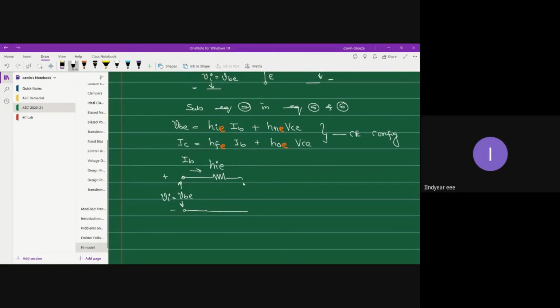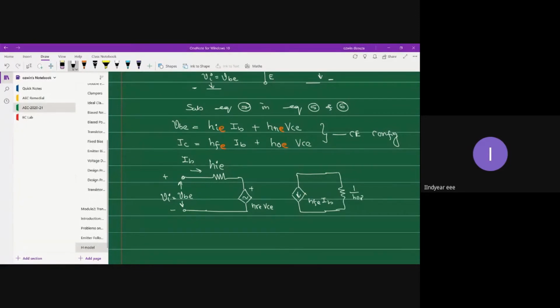This will be your controlled voltage source, HRE VCE. On the output side, you have a dependent current source, that is HFE into IB. Then you have the current flow through the admittance.